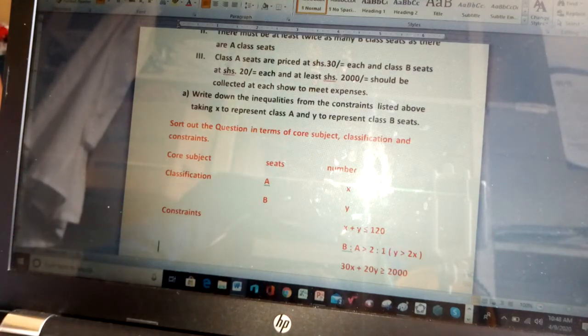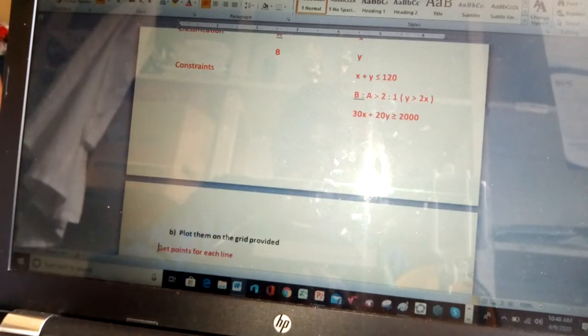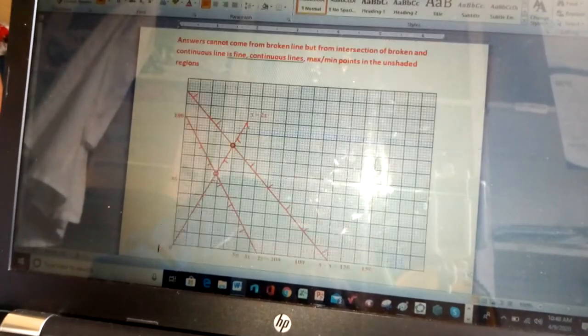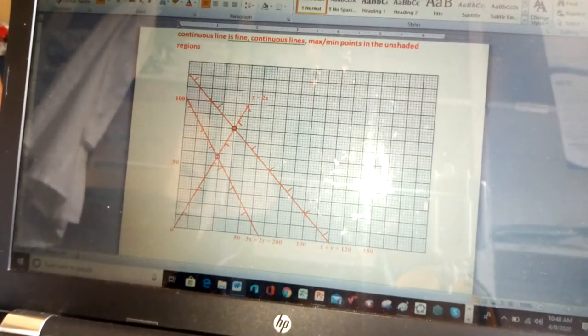Okay? Now, when you do that, you will come up with a graph. In the graphing, you must know what comes first in case of inequalities. It is an equation. We have an equation first drawn.